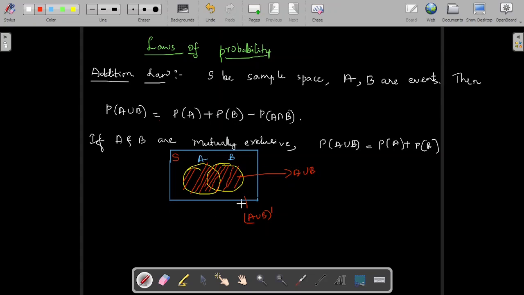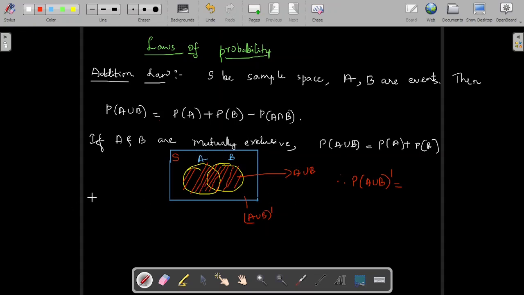The region outside this shaded part is called A union B whole dash, which is nothing but neither A nor B. Hence, the probability of A union B whole dash is calculated by subtracting A union B from the entire sample space.